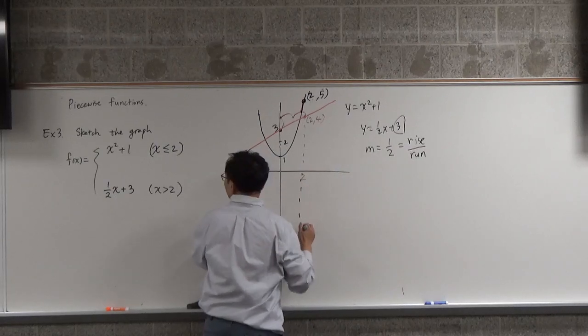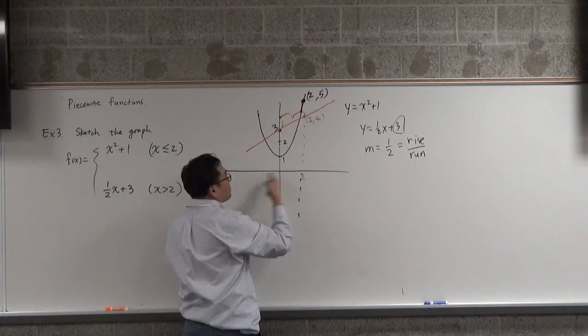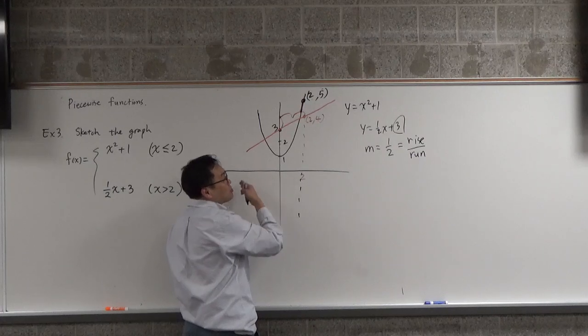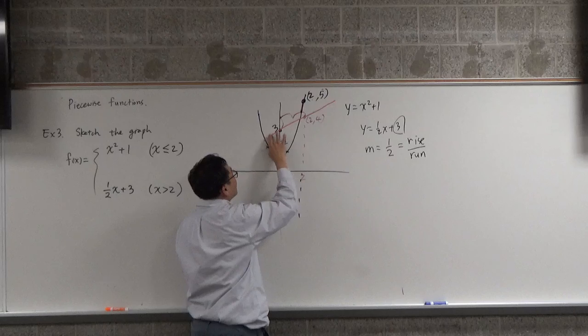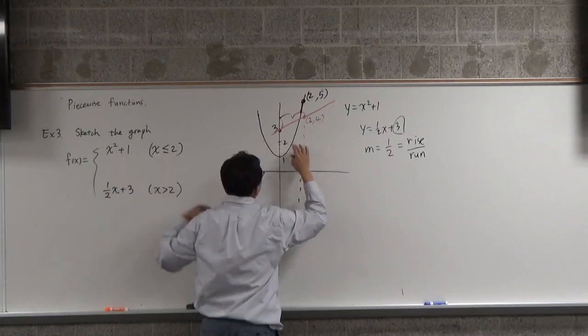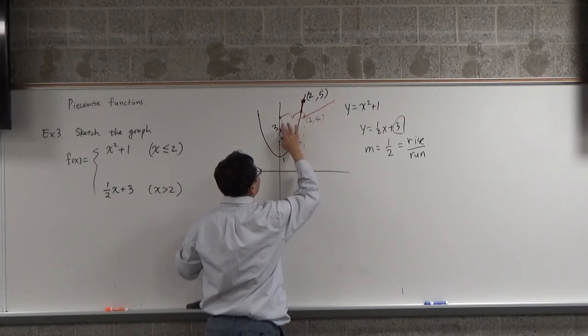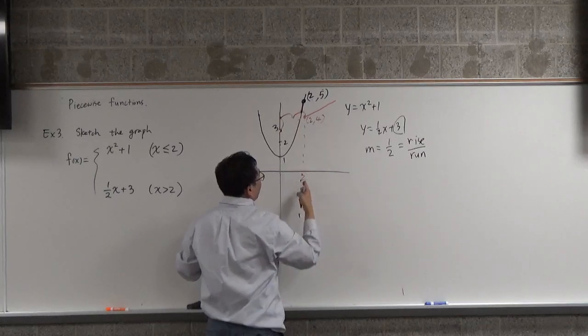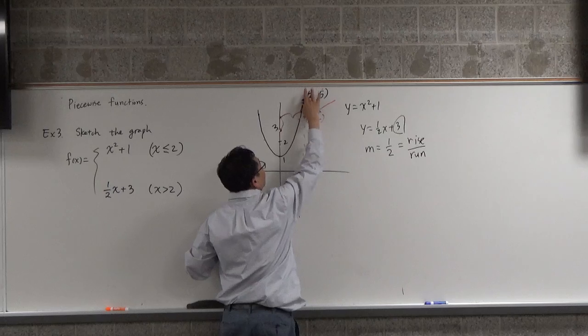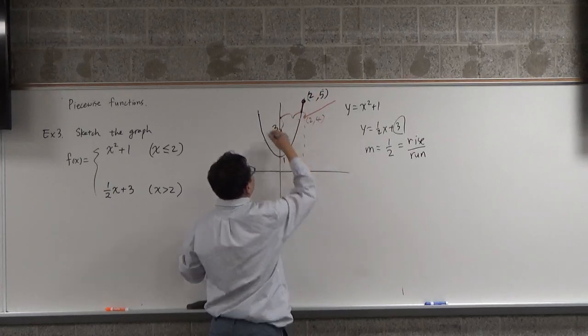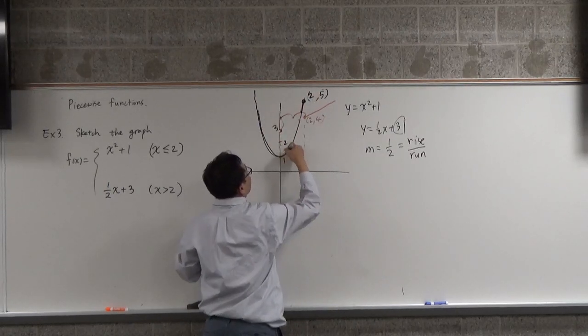Now, since 2 is the dividing line, before 2, what should we keep? We should keep the parabola, because before 2 it's x squared plus 1. After 2, what should we keep? We delete the parabola and keep the line, right? So the graph would be like this.